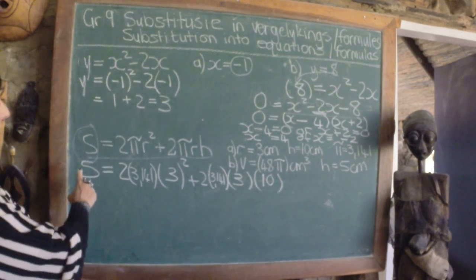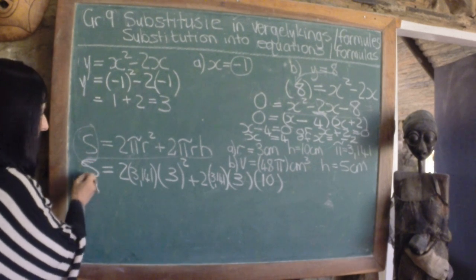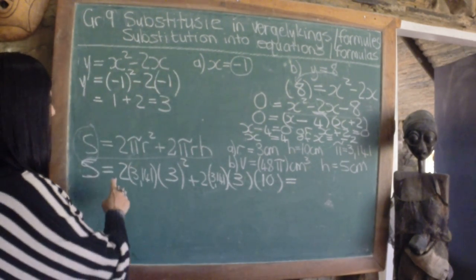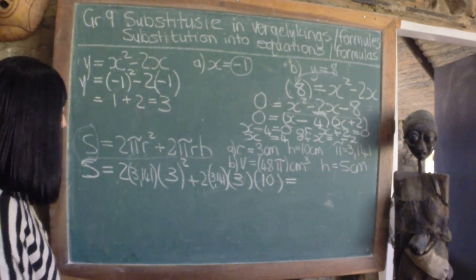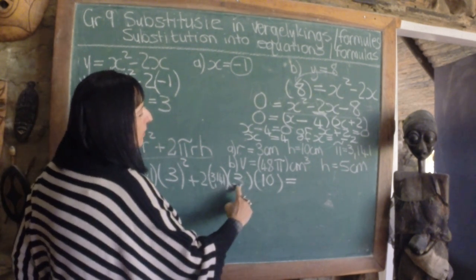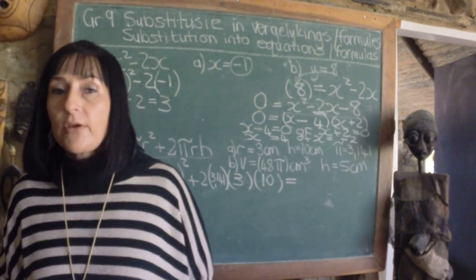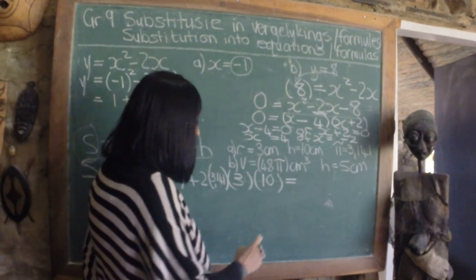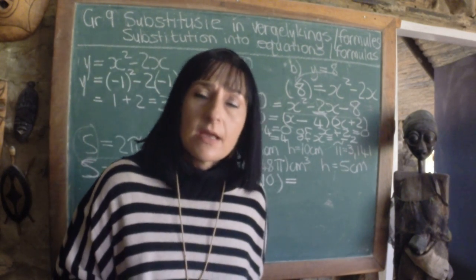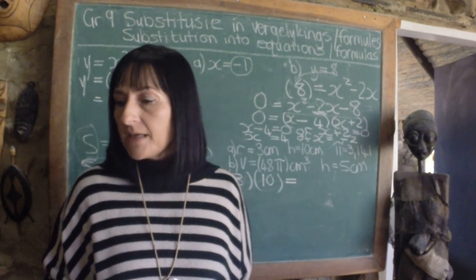Nou hierdie kan jy net so in jou sakrekenaar gaan intik, 2 maal 3,141 maal 9 plus 2 maal 3,14 maal 30. And then the question is, round this to the nearest integer, rond dit af tot die naaste heelgetal.